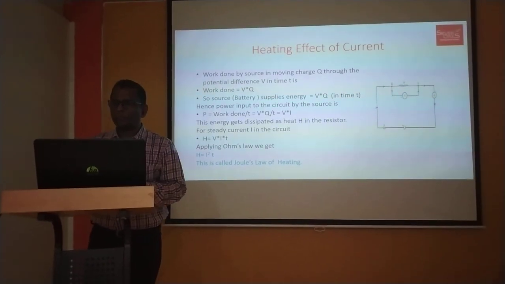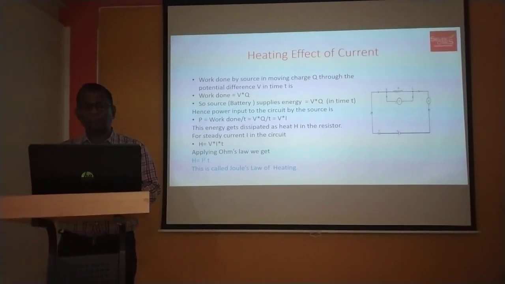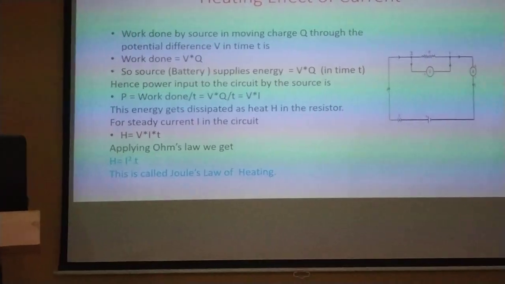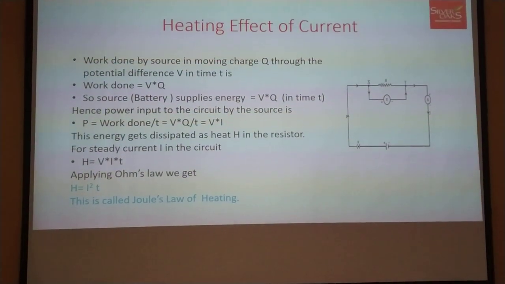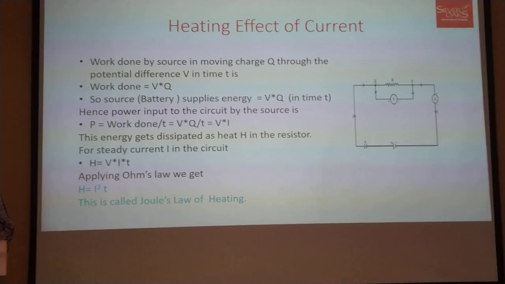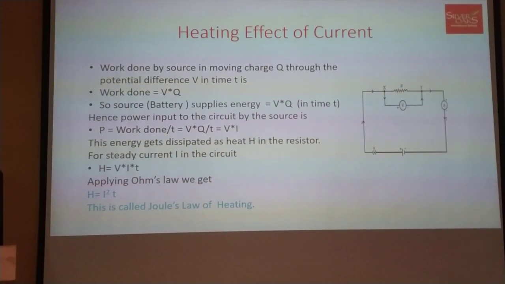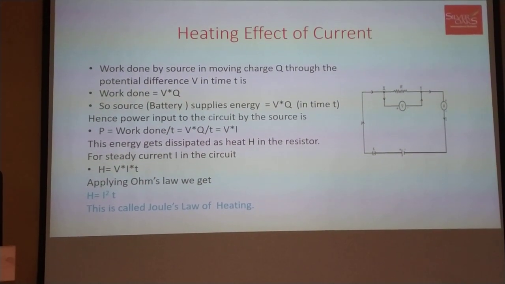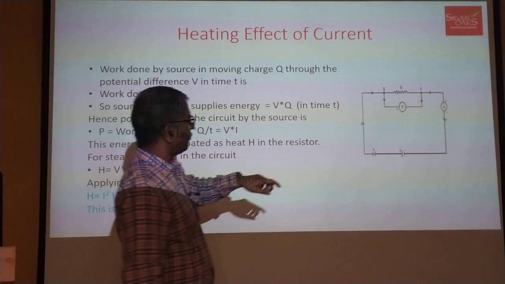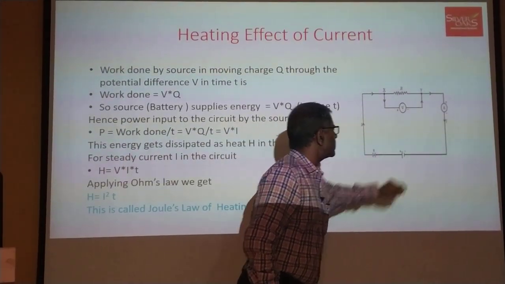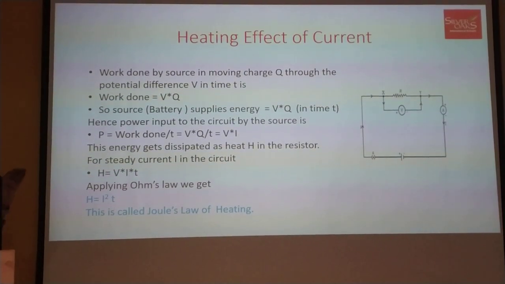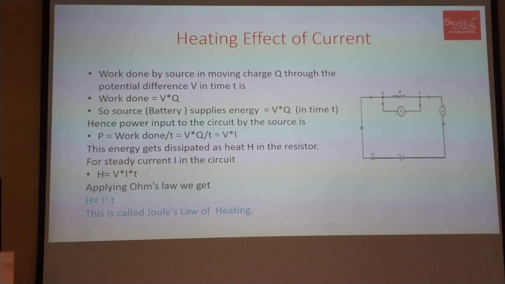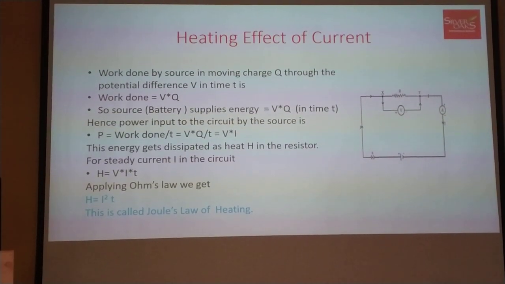In this circuit diagram we consider current flowing through a circuit which consists of a resistor. Let the resistance of this resistor be R, and let us assume that the potential difference across the battery is V. So a current I, or the charge, will be flowing through the circuit.